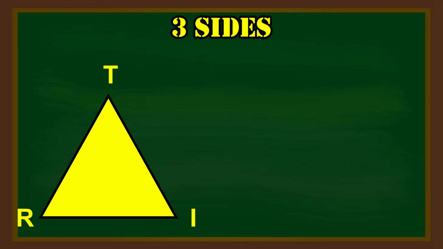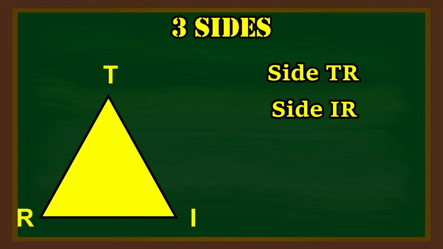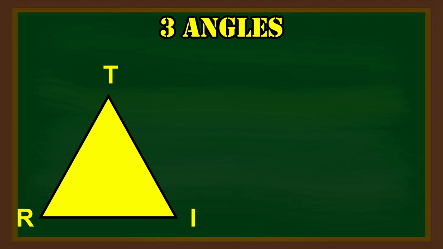We have the three sides: side PR or RP, side RI or IR, and side PI or IP. Sides are actually line segments that form the triangle. And lastly, we have three angles.